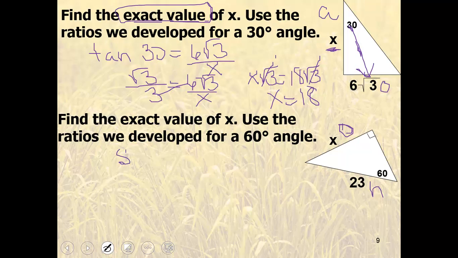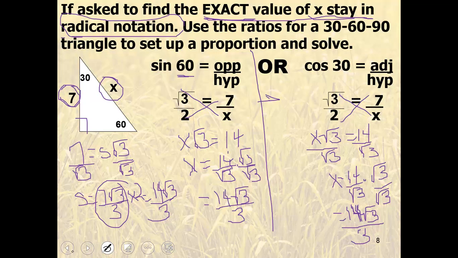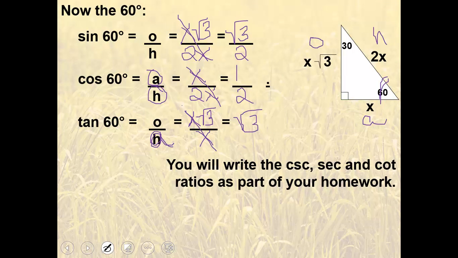So I have sine of 60 degrees has to equal x over 23. Now they're asking me for exact, so I'm going to use that ratio for the sine of 60. Sine of 60 is the square root of 3 over 2.